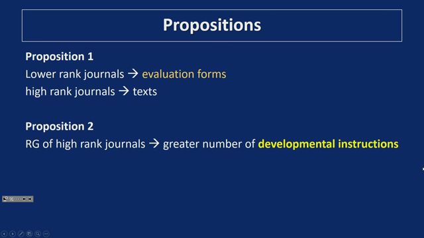This is because high-ranked journals may ask greater effort of their reviewers, because reviewing a manuscript for high-ranked journals has a reputational premium, and developmental reviewing is much more demanding than gatekeeping, because it requires the reviewers to focus not only on spotting the problem in the manuscript, but also on contributing to solving and addressing this problem.